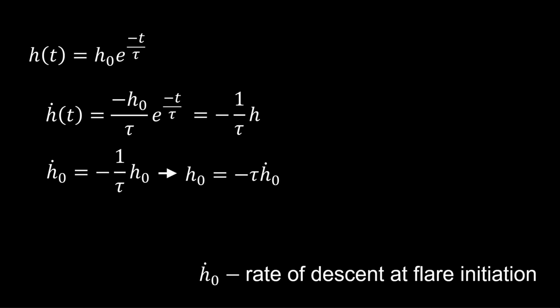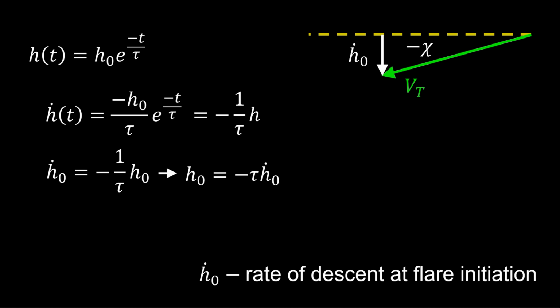But note that at h0, the velocity is tracking the glide slope, assuming the glide slope controller is working well. Thus, the initial rate of descent is simply airspeed times sine of minus glide slope angle. h0 dot is approximately airspeed times minus glide slope angle.